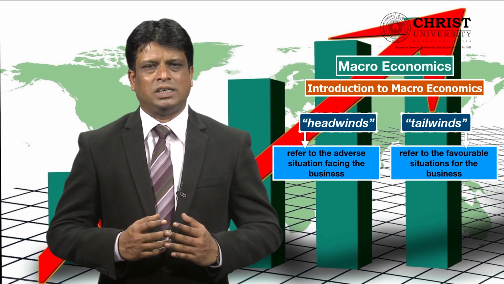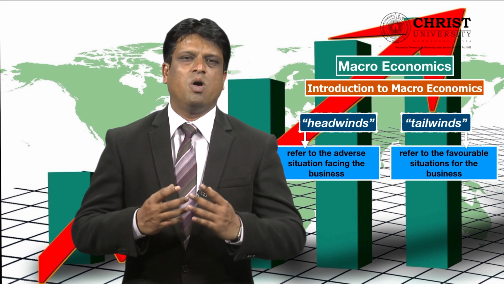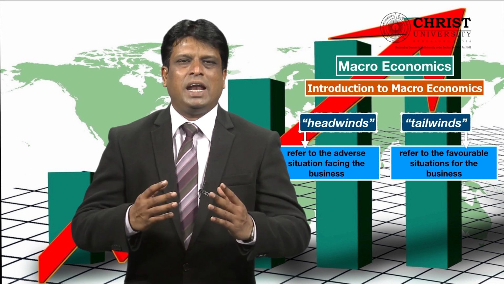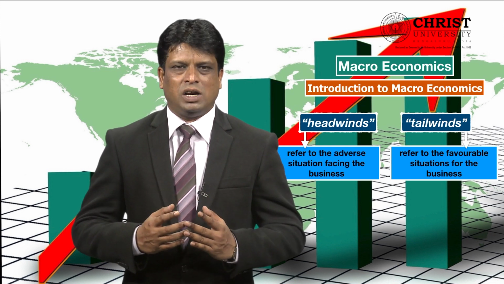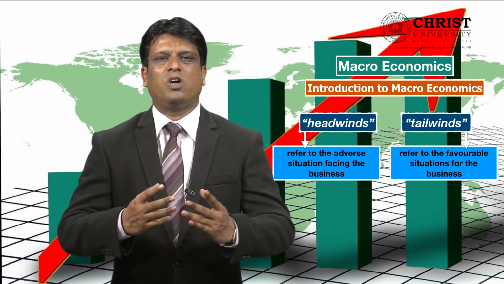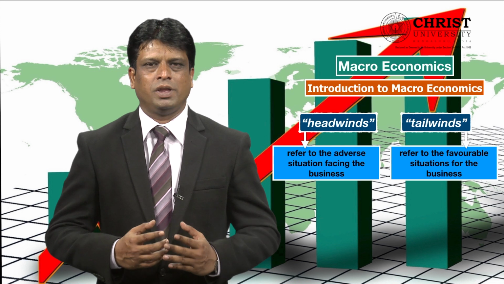To save the business during headwinds, and to thrive and grow during tailwinds, a manager should be able to understand, predict, interpret and forecast the changes affecting the business environment.